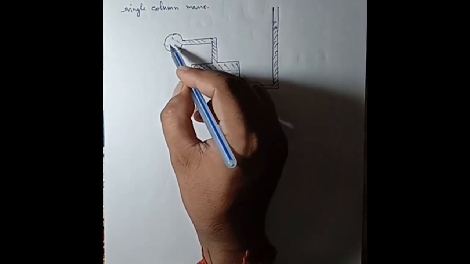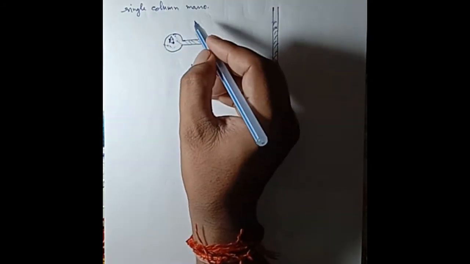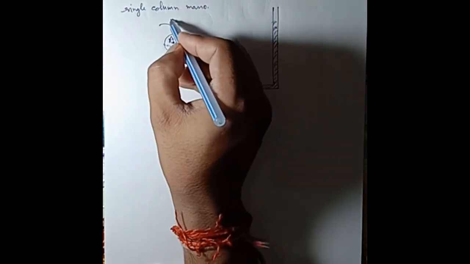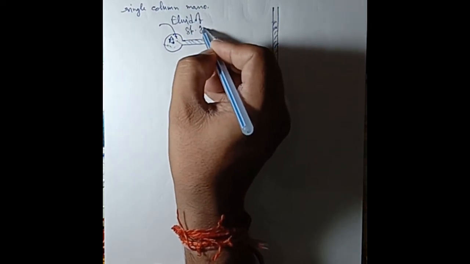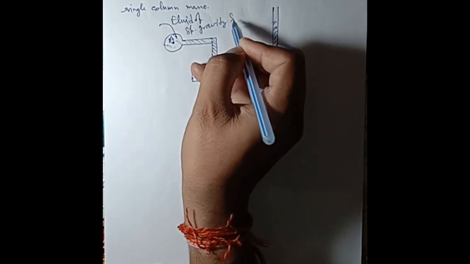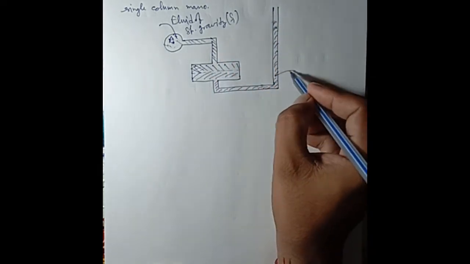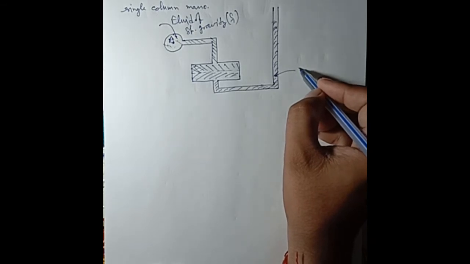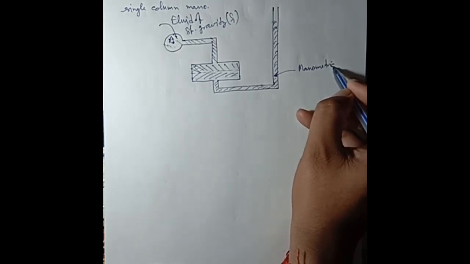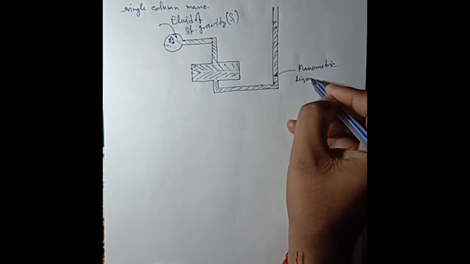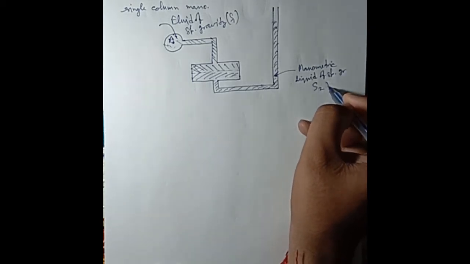Let the specific gravity be S1. This is point A. Assume the fluid of specific gravity S1, and this type of fluid is called the manometric liquid, of specific gravity, let us assume, S2.